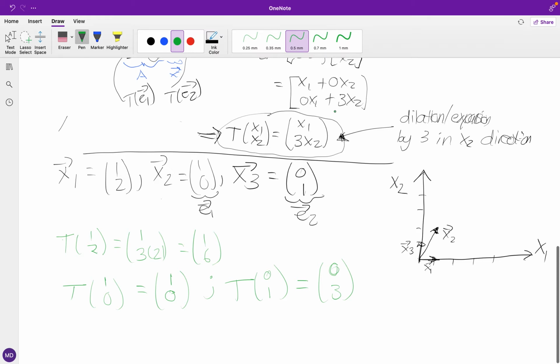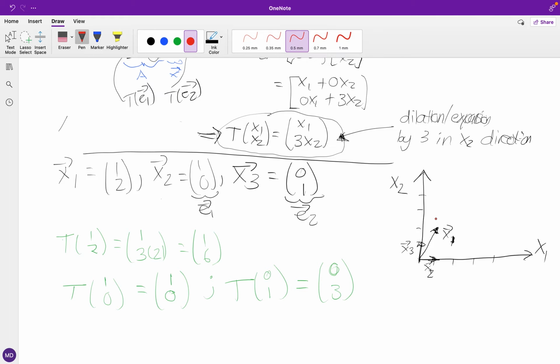Okay, now let's sketch this on our plot here. So here's our x1. Our t of x, looks like I mislabeled that, my apologies. This would be x1, and this is x2. Okay, so to continue, our transformation of x1, which was our 1, 2 vector, is the 1, 6 vector.